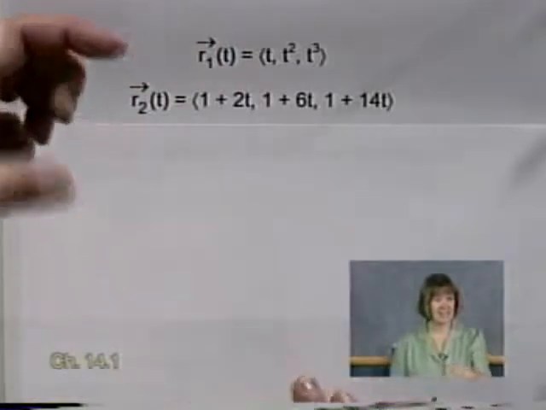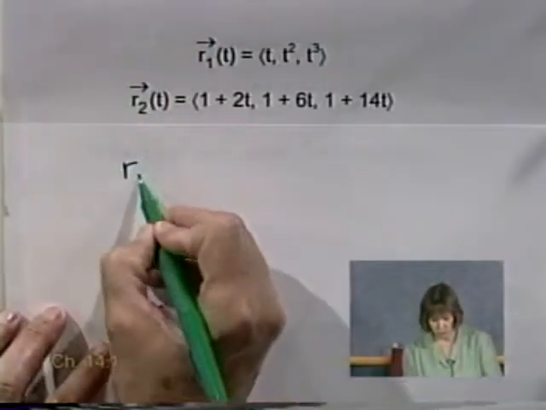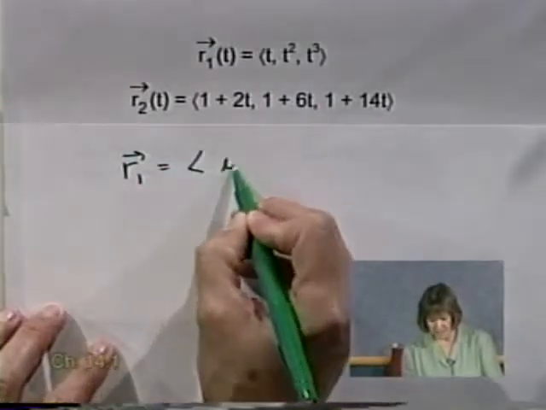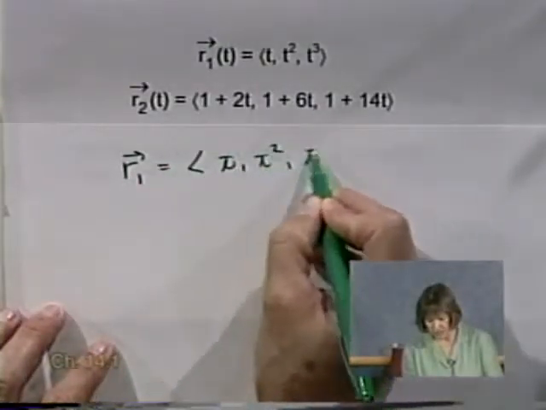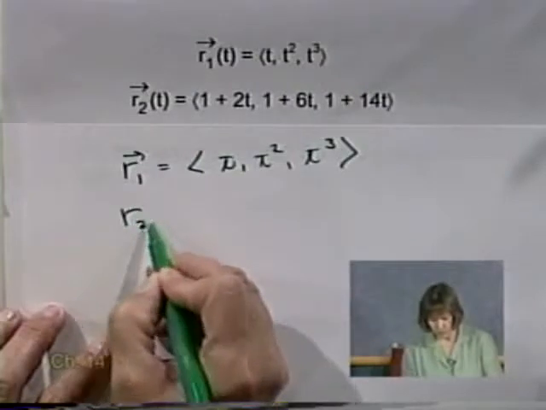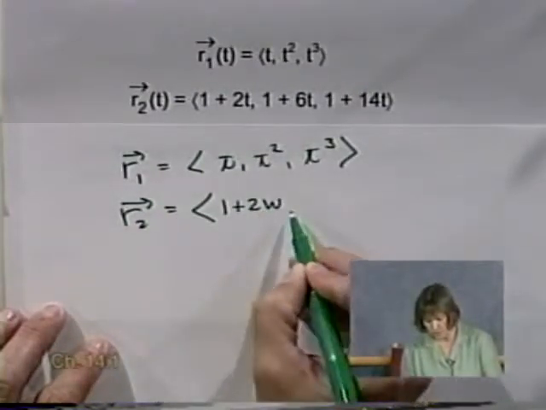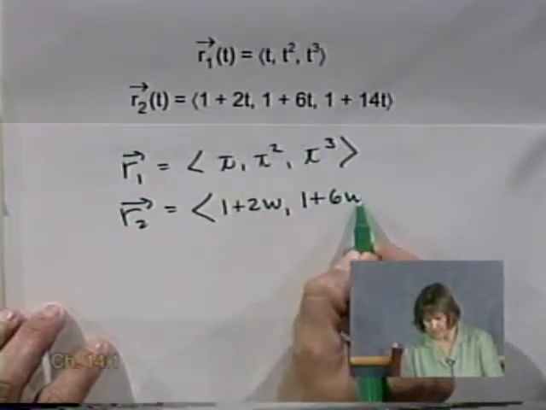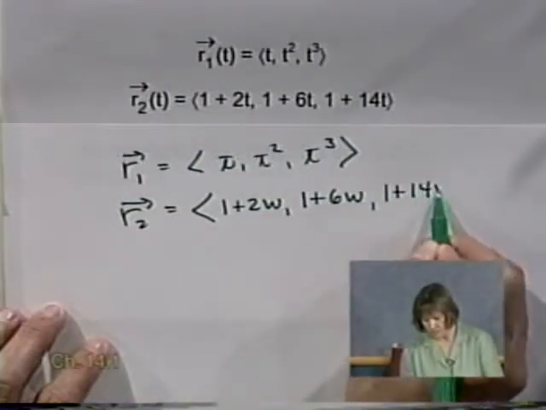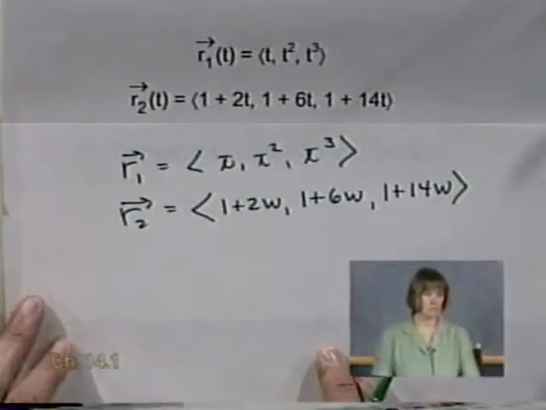So I'm going to write r1 as t squared, t cubed, but I'm going to write r2 as being on a different clock. How about 1 plus 2w, comma 1 plus 6w, comma 1 plus 14w.